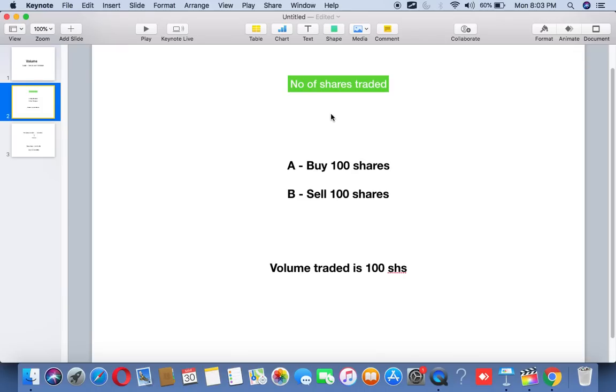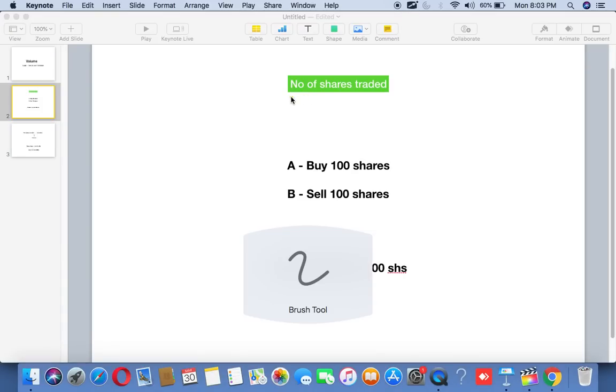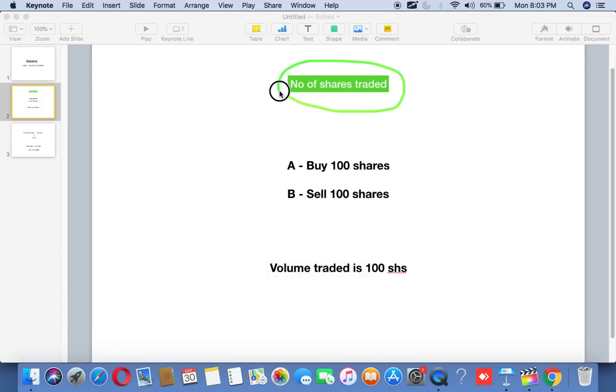So in simple words, volume is nothing but the number of shares traded. Shares means whatever, Reliance or Infosys, these are the shares, 1 share, 2 shares, 3 shares. So those shares are traded. For example, think A and B are trading. A is buying 100 shares, B is selling 100 shares.